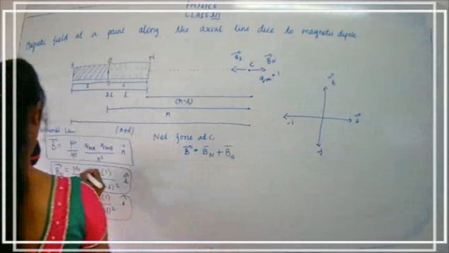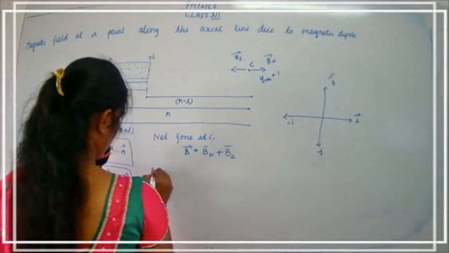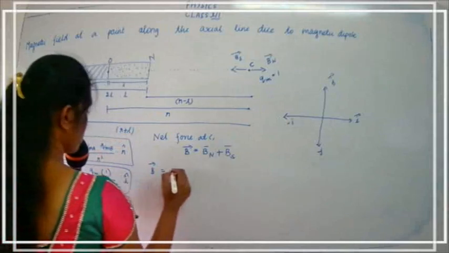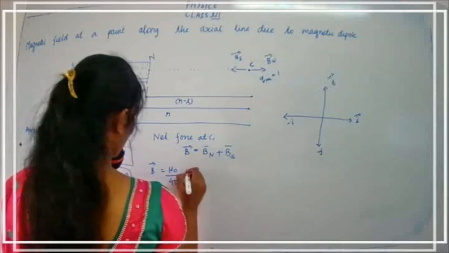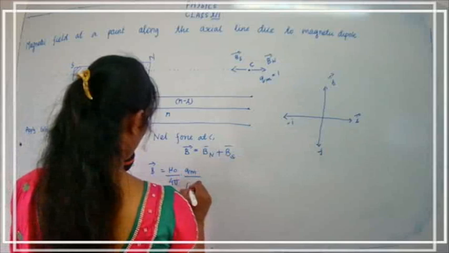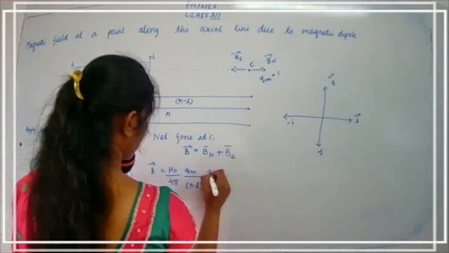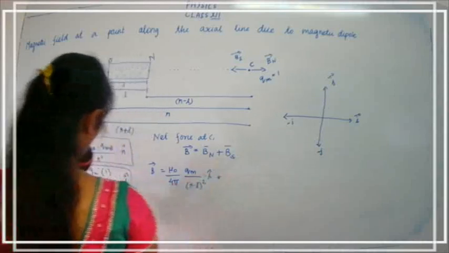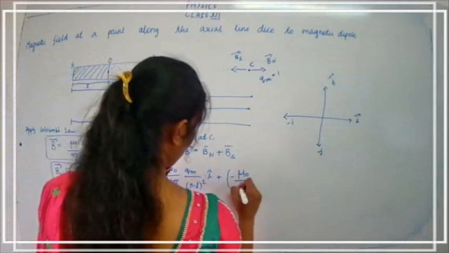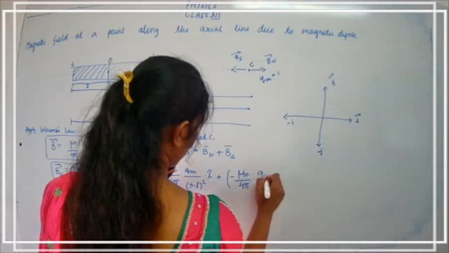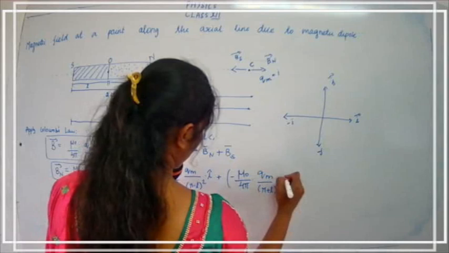Now you substitute it here, that is B equal to mu naught by 4 pi into Qm by r minus L the whole square into i cap plus, here minus is there, so minus mu naught by 4 pi into Qm by r plus L the whole square into i cap.